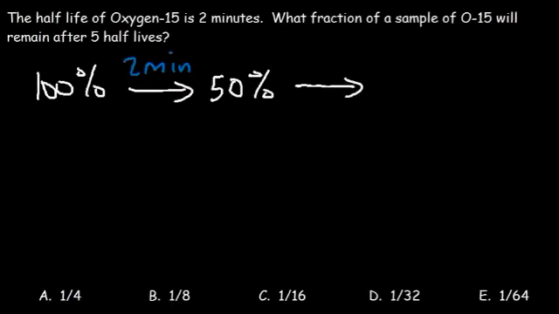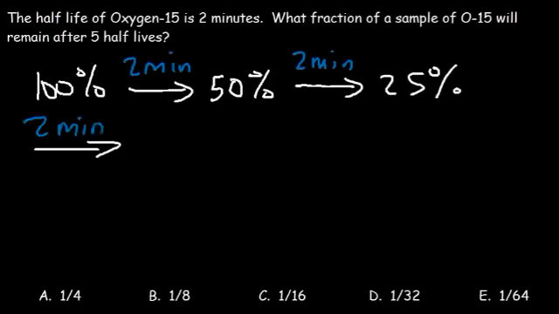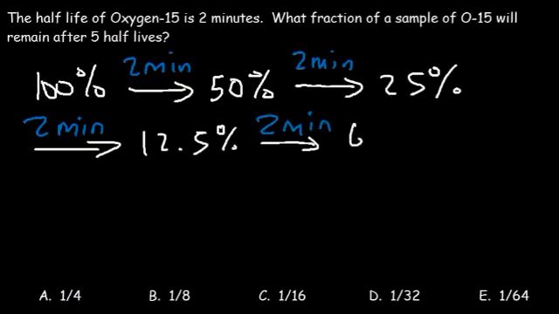After another half-life of 2 minutes, we're going to have 25% left over. And then after another half-life, it's going to be half of 25%, which is 12.5%. And then after another half-life, it's going to be half of that, which is 6.25%.